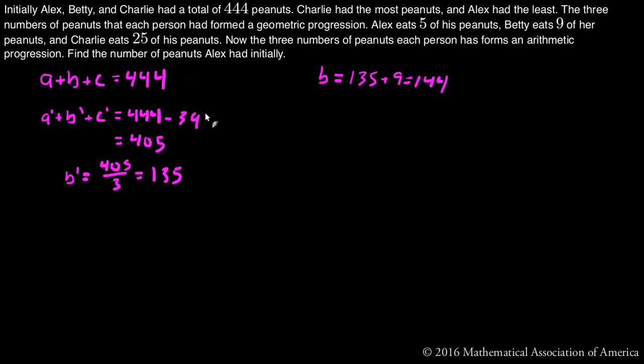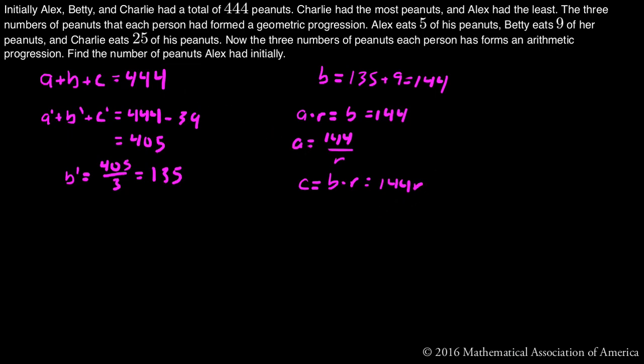And since this is geometric, I know that A times R equals B, which is 144. So A will be 144 over R. C, being the third term, I multiply by R again, so C will equal B times R, which is 144R.